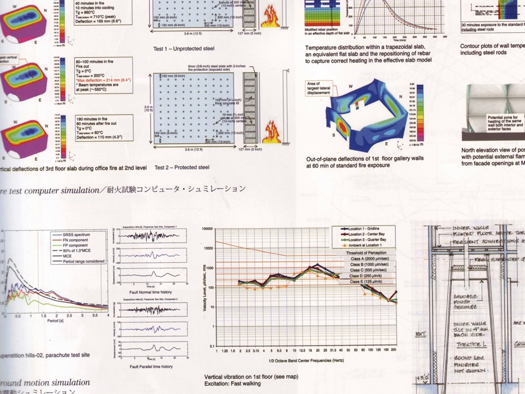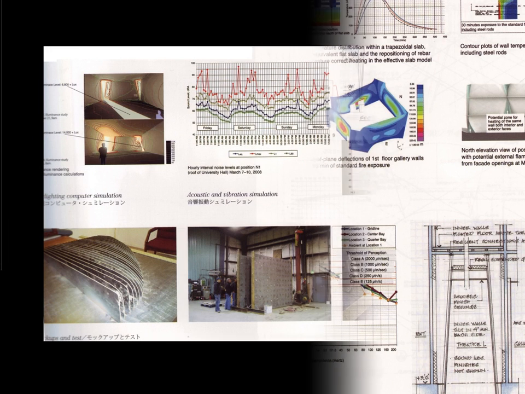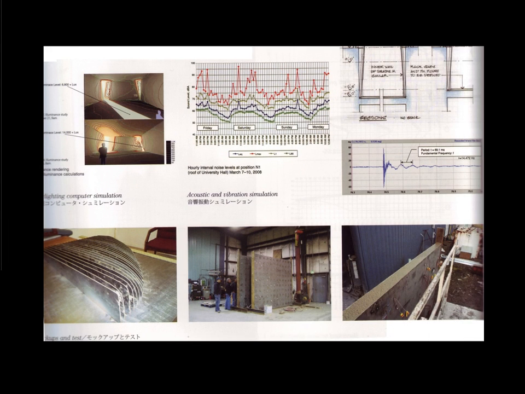So fire testing, fireproofing, fire rating, and different aspects of structural tests and finite element analysis were performed on this project. Here we see tests related to the construction as well.